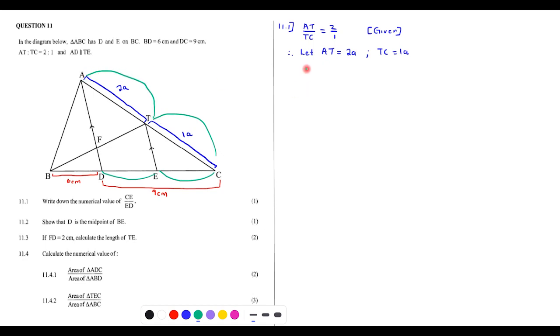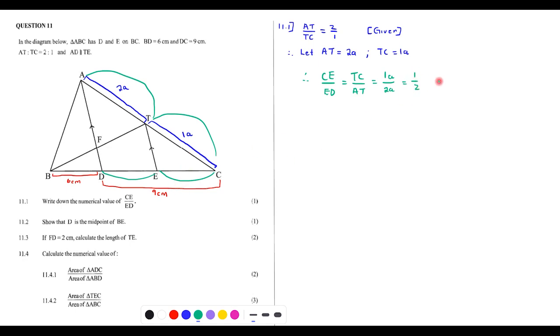Therefore CE over ED is the same as TC over AT, and I know that TC is 1A and AT is 2A, but then this simplifies to 1/2, just like that, right?